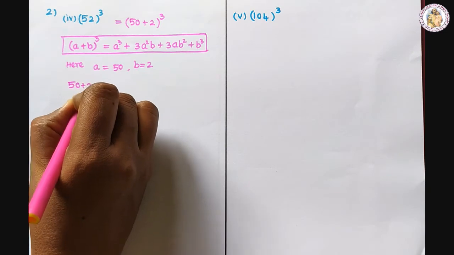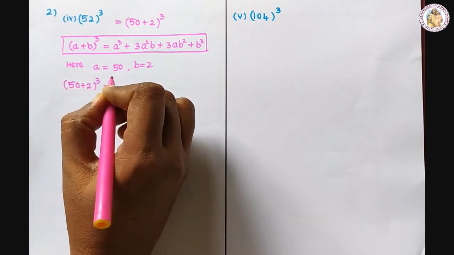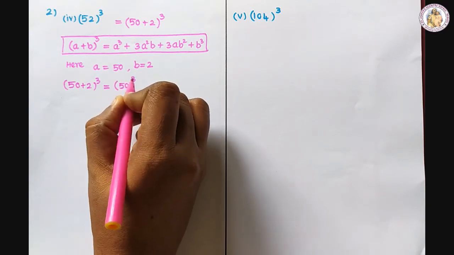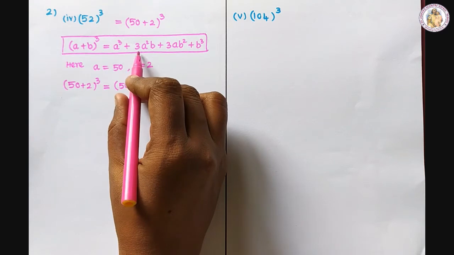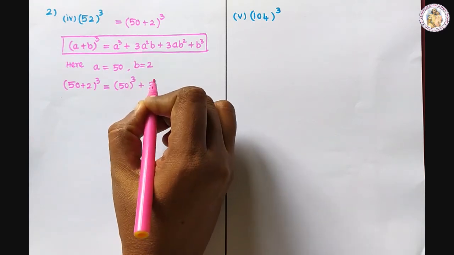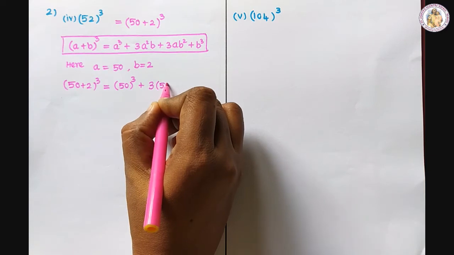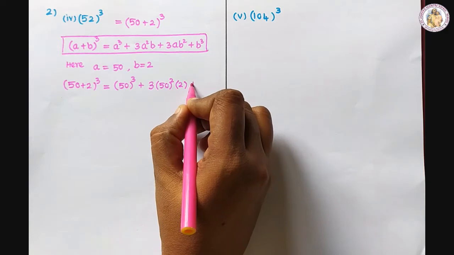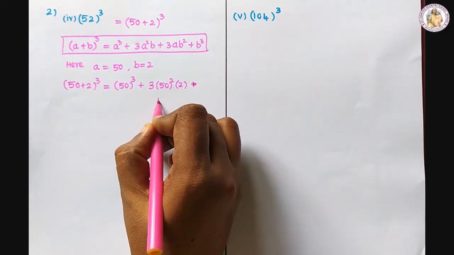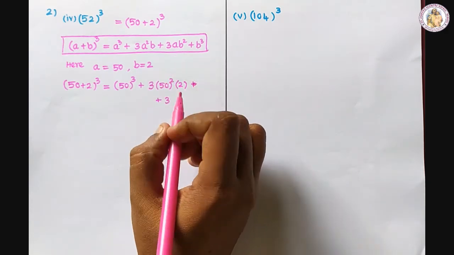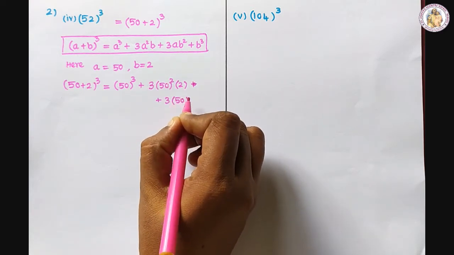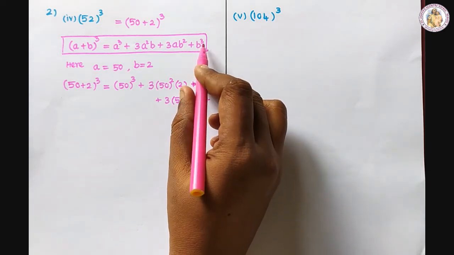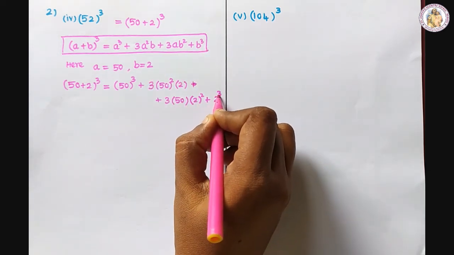50 plus 2 whole cube equal to first a cube, that is 50 cube, plus 3a square b, 3 into 50 squared into b, 2, plus 3 into a, which is 50, into 2 square, b square means 2 squared, and b cube, that is 2 cube.